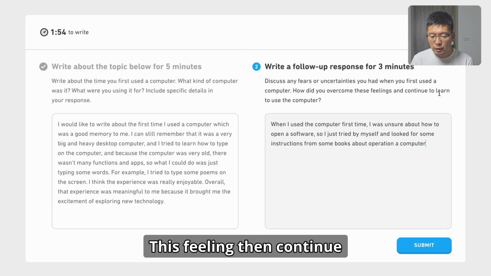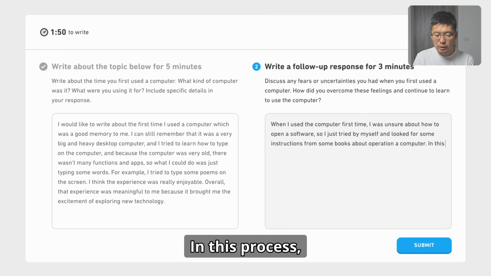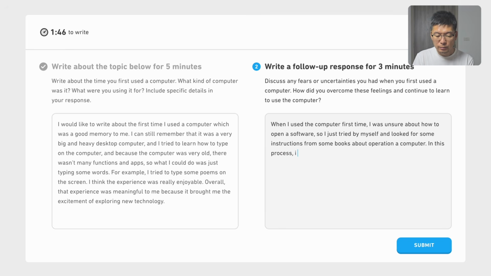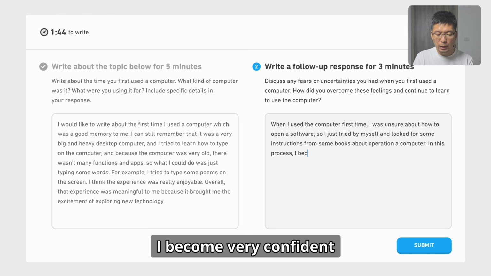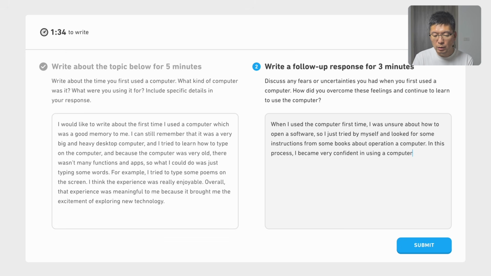These feelings and continue to learn to use the computer. In this process, I became very confident in using a computer.